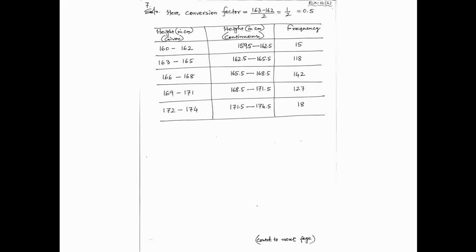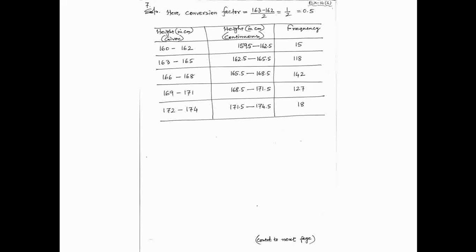This is called the conversion factor. What is the difference between 163 and 162? So I have written 163 minus 162 divided by 2, equal to 1 by 2, equal to 0.5. Now this 0.5, the conversion factor, you have to subtract from the lower limit of each class interval, and add to the upper limit of each class interval.